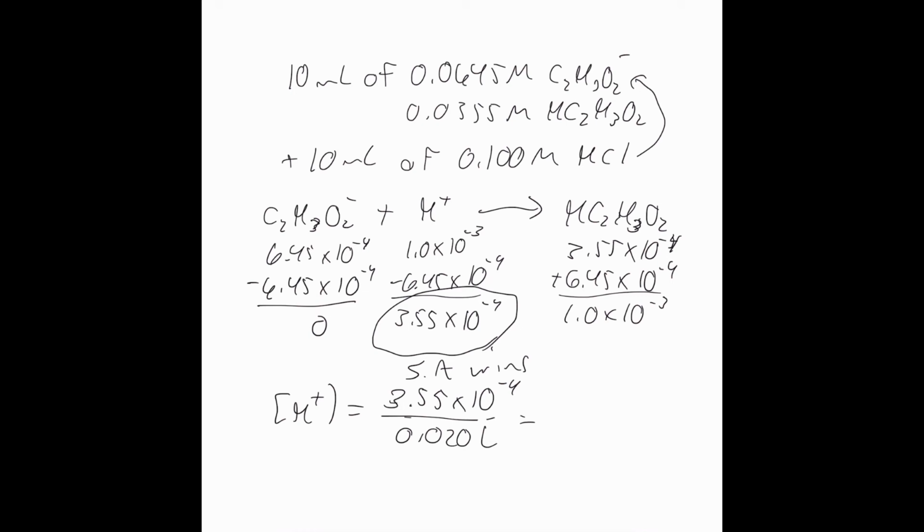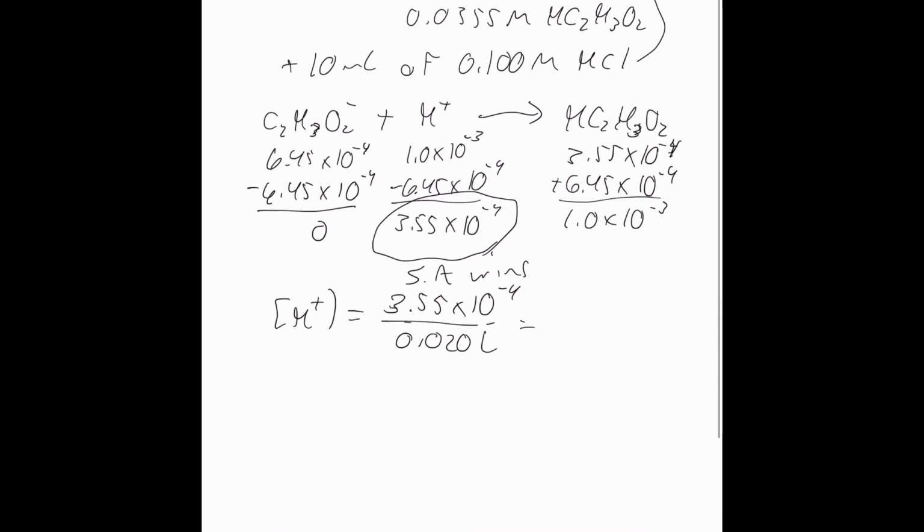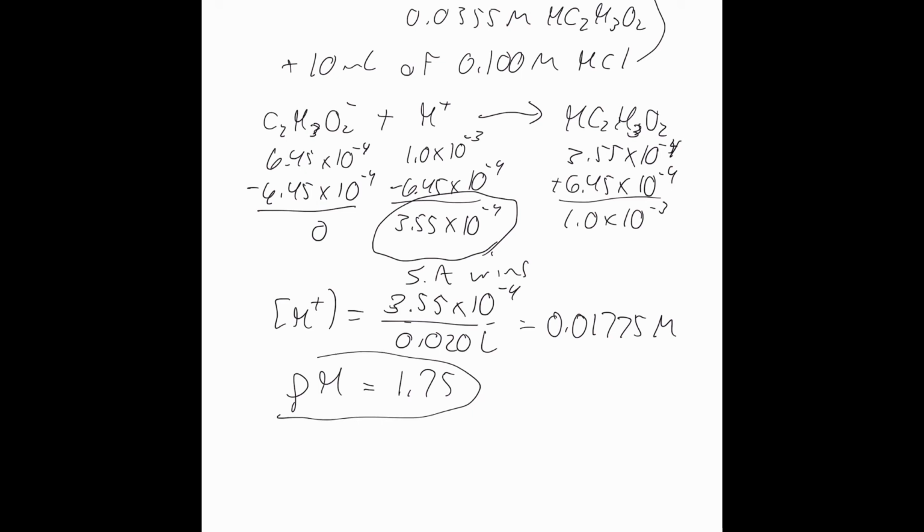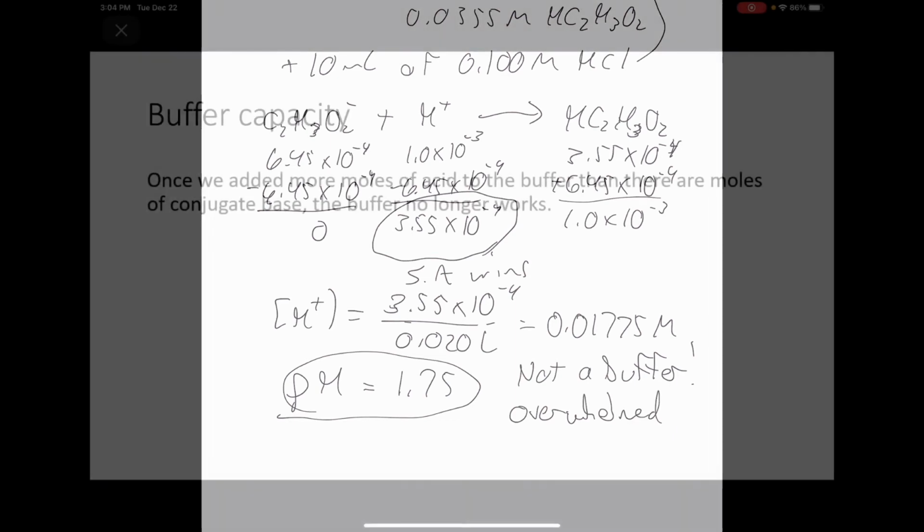And we're left with 0.01775 molar is our concentration, and then our pH would be 1.75. So we take the negative log of that, and that's 1.75. Here we have, it's not a buffer, it's been overwhelmed, or we've gone beyond the buffer capacity for this buffer.